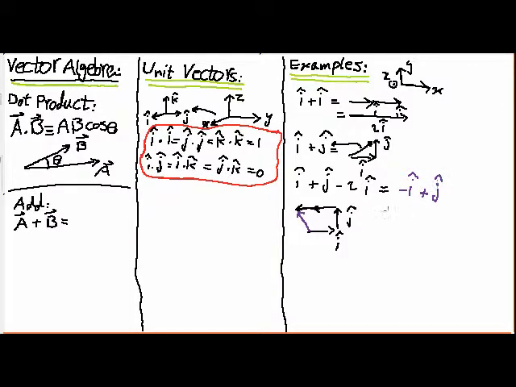So remember, you always add or subtract the same unit vectors, and they are independent of each other. When you see something like this, you add i hats together or subtract them from each other, and then j hats together and k hats together. So it's easy, right? It's minus i hat plus j hat. If I now write this from the beginning, instead of going this way, I should go this way, because this is minus i hat and this is j hat.